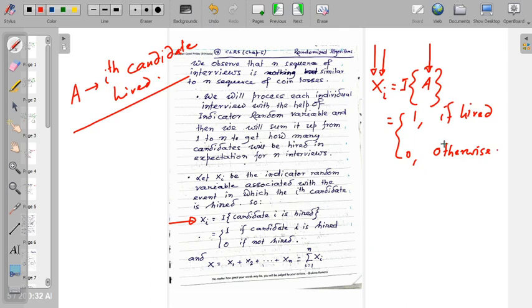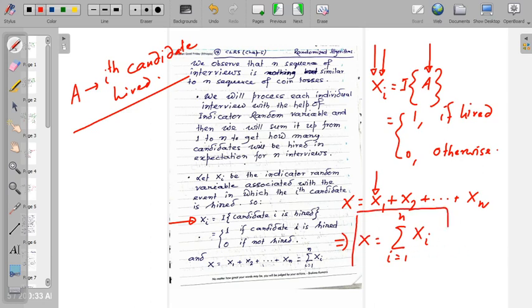And we have this big random variable X, which counts whether the first interview hired a candidate, the second interview hired a candidate, and so on up to xn. So it is the same treatment we had for the coin flip experiment.